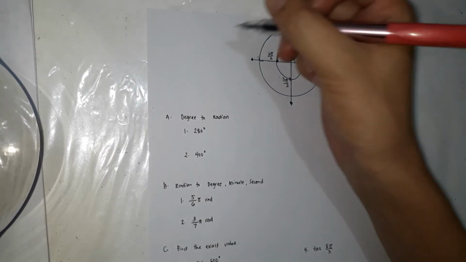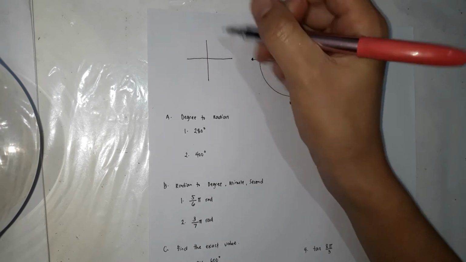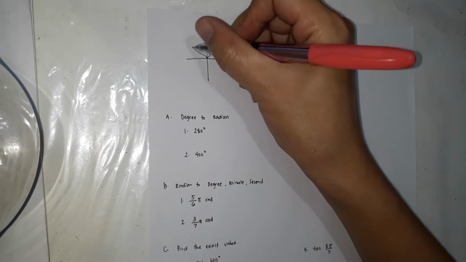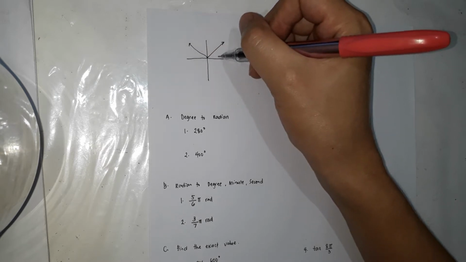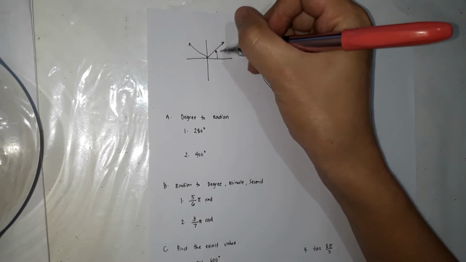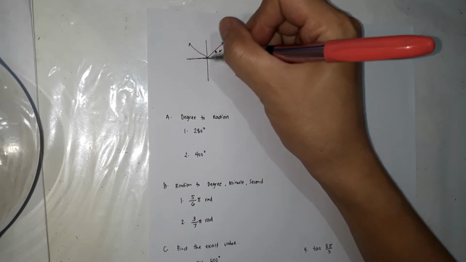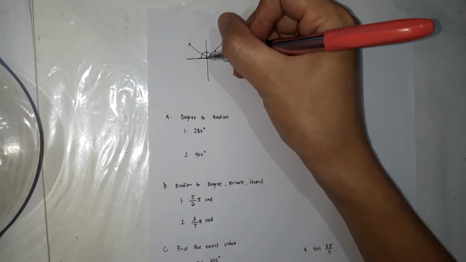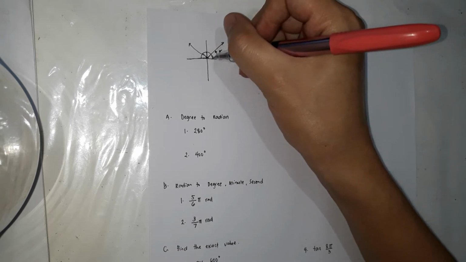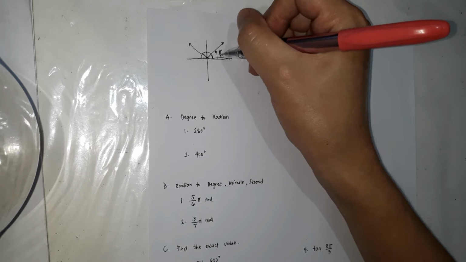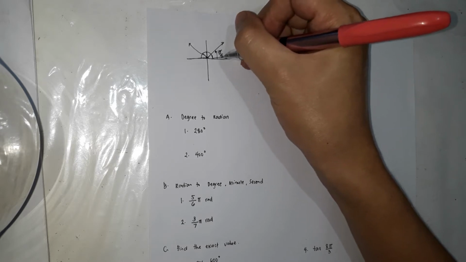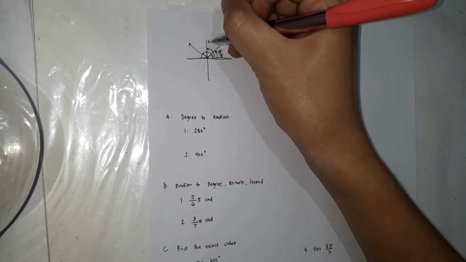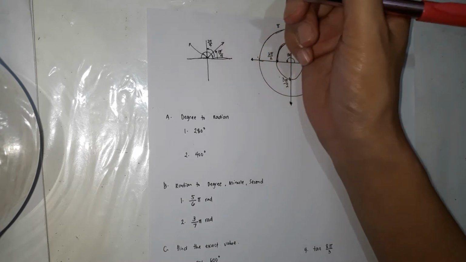However, if you're going to divide the circle into, for example, 4 parts, so this is the first part, this is pi. You divided it into 1, 2, 3, 4 parts, so this is pi over 4, or 1 pi over 4. This second part is 2 pi over 4.